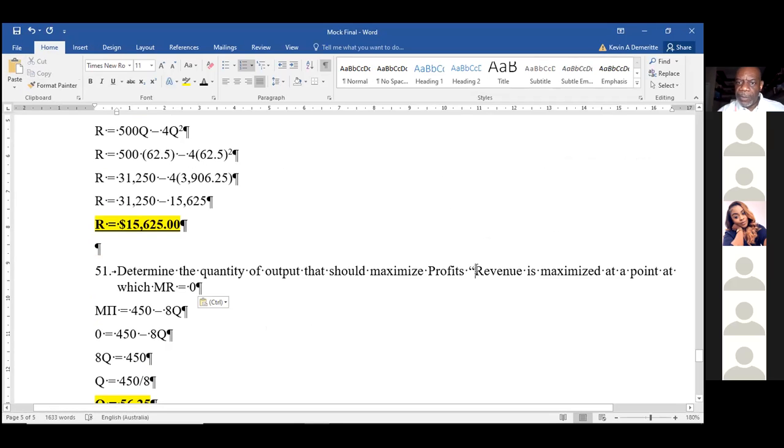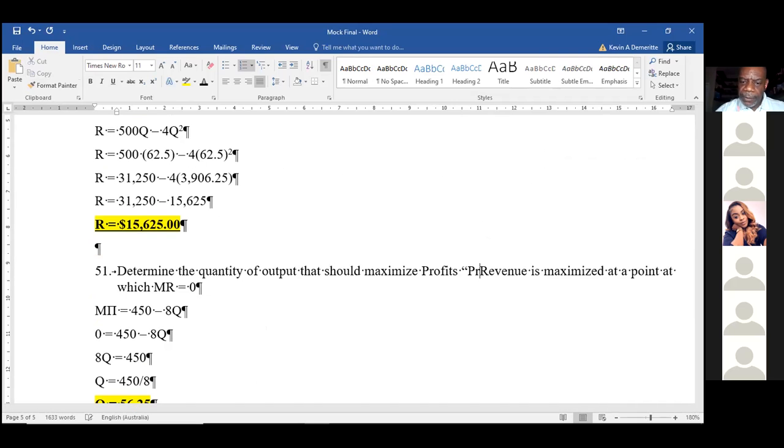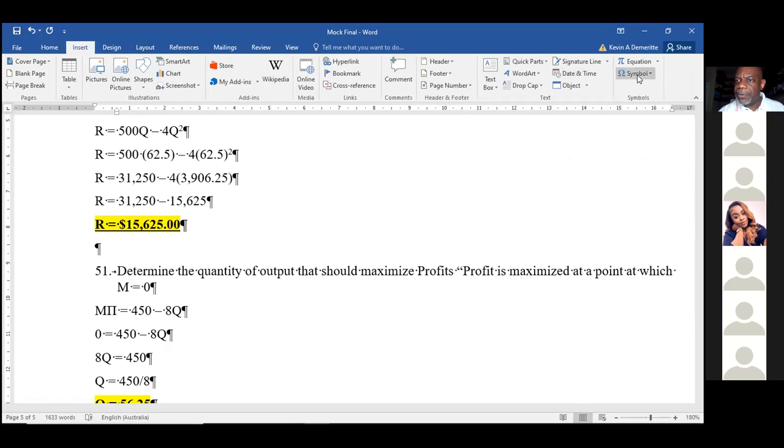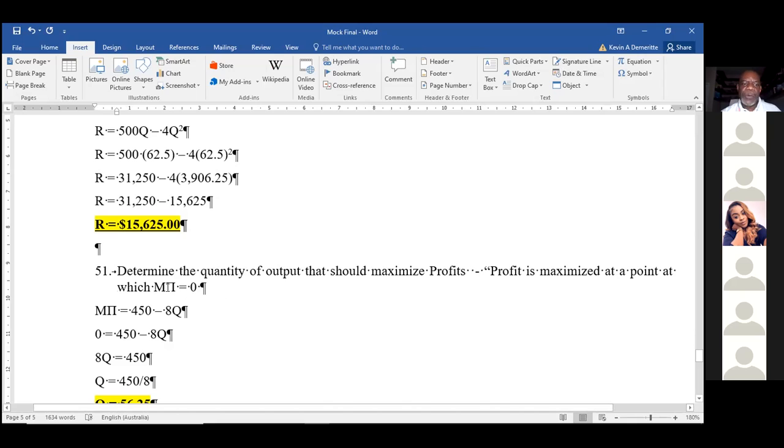Okay, and we have here profits. Profit is maximized at the point at which marginal profit, not marginal revenue, let's insert a symbol. All right. So we know that profit is maximized at the point at which marginal profit is equal to 0.